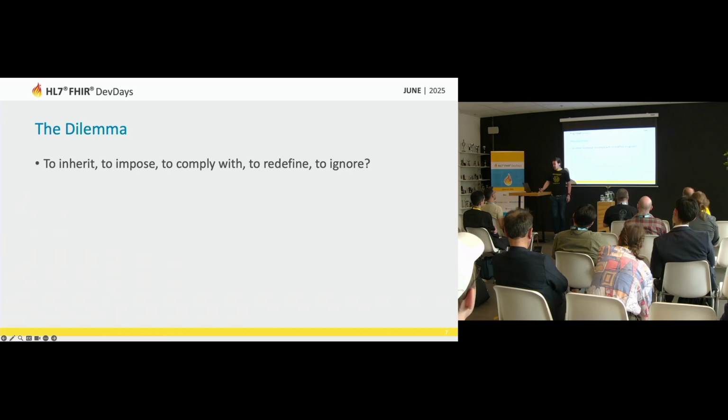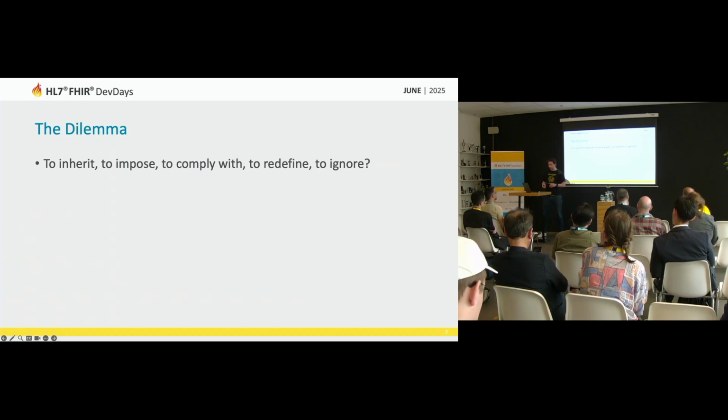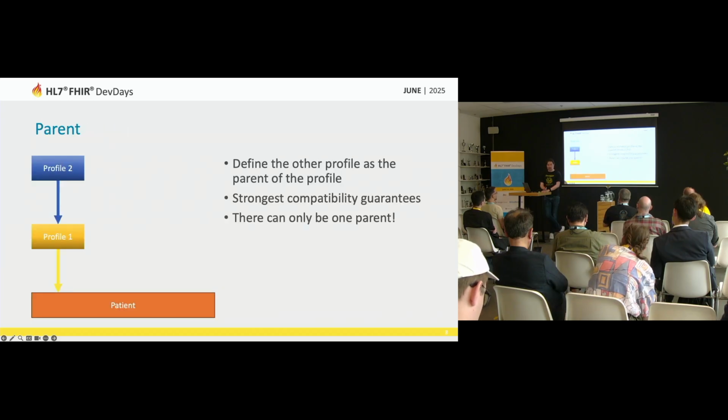And the main dilemma is whether you inherit a profile or impose another profile or comply with another profile or redefine what's in another profile or just ignore what's stated elsewhere. And I'll briefly introduce all of these.